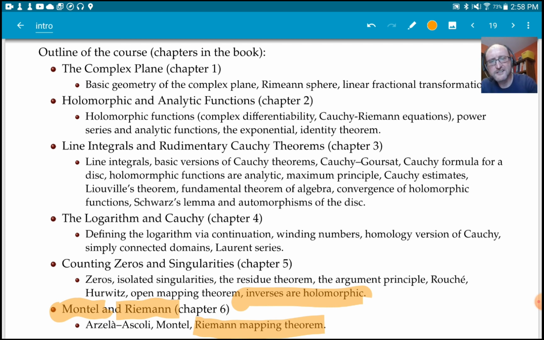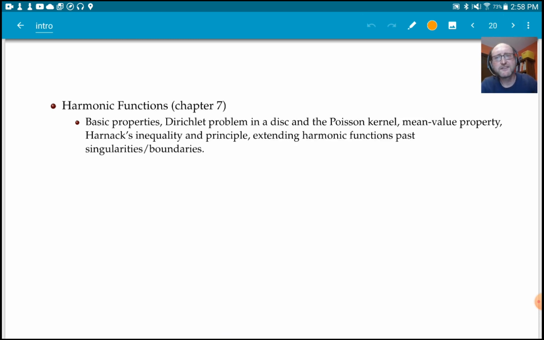So it's a really neat thing that every such domain in R2 can be mapped to the disk with a map that preserves angles and orientation, which is a really interesting result. So that's the Riemann mapping theorem.